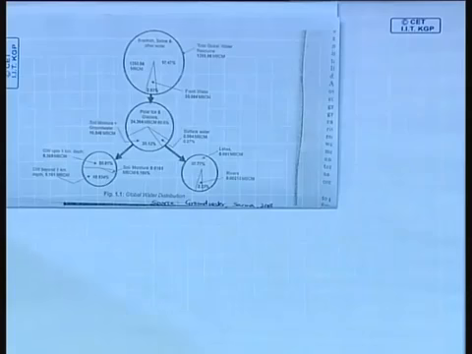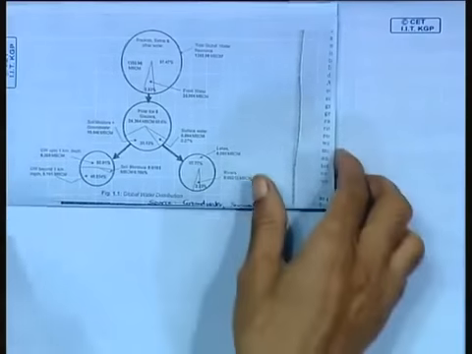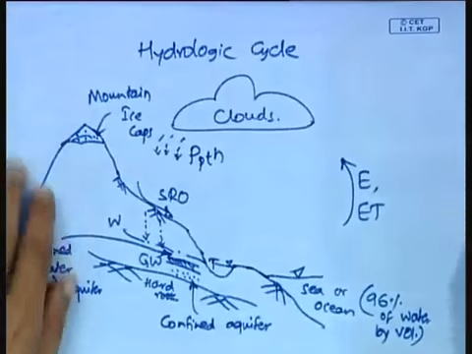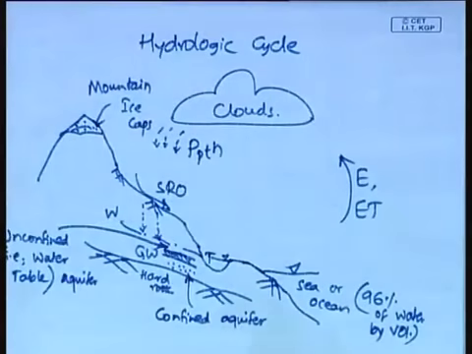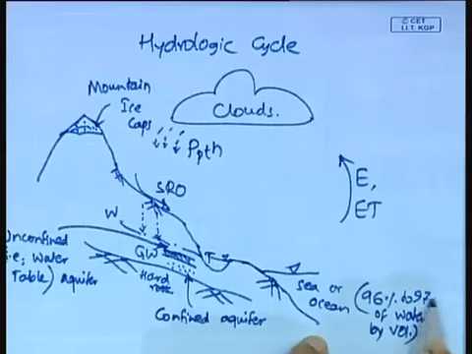Let me go back to the hydrologic cycle again. Although the global water volume is of the order of around 1400 million cubic kilometers, nearly 96 to 97% of it is brackish or salt water or marine water.